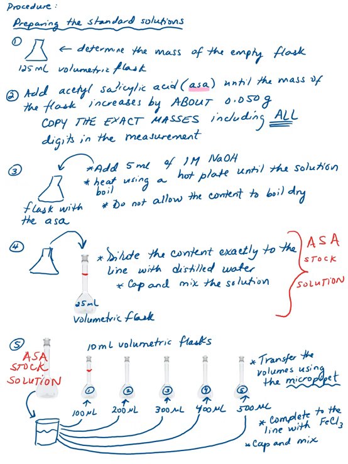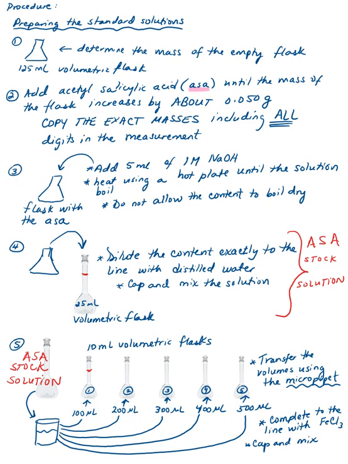So how you're going to do this: you have your empty flask, and let's say that your empty flask has a mass of 20 grams. So to your empty flask, now you're going to add your acetyl salicylic acid until the mass increases from 20 to something close to 20.05.